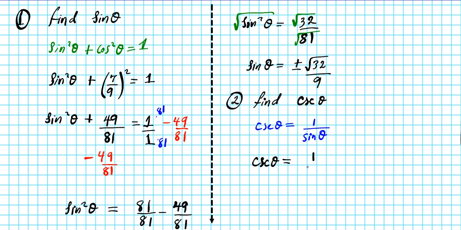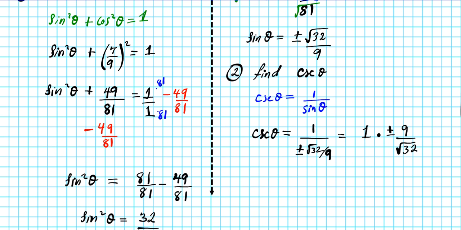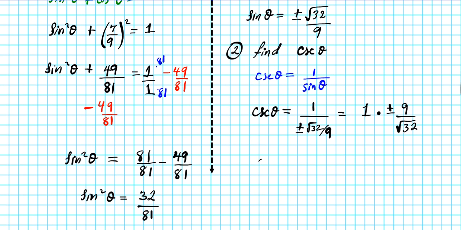Okay, so if you want to save time, you can simply reciprocate that. Well, let me show you the work. We have 1 over plus or minus root 32 over 9. This complex fraction can be written as the numerator times the reciprocal of the denominator. You drop, change, flip. Okay? And then when you multiply that out, you have cosecant theta equals plus or minus 9 over root 32.